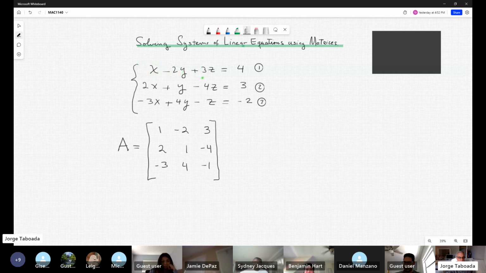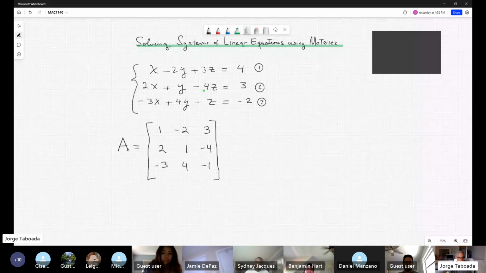So the first row of our matrix is 1, negative 2, and 3, which is exactly the coefficients in the first equation, and the second row of our matrix is 2, 1, and negative 4, which is exactly those numbers. Look, this and this. And likewise, the last row is negative 3, positive 4, and negative 1.